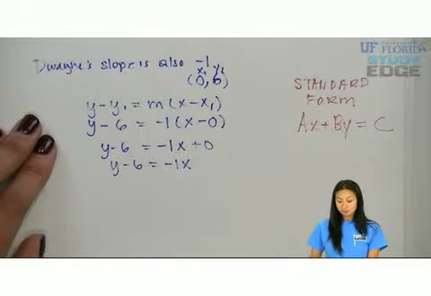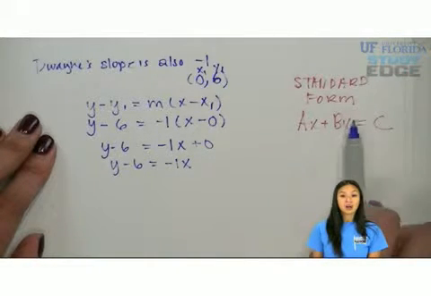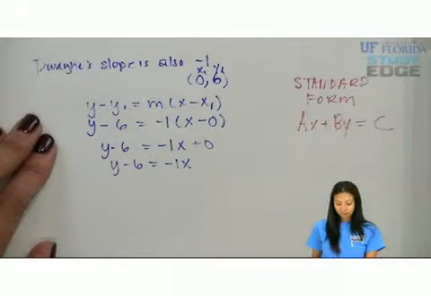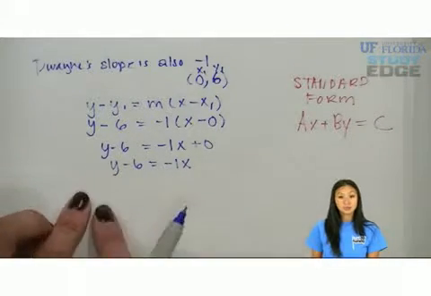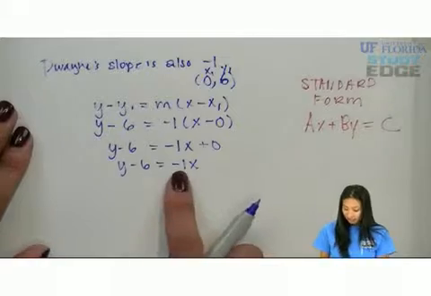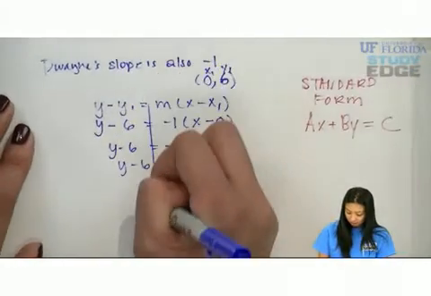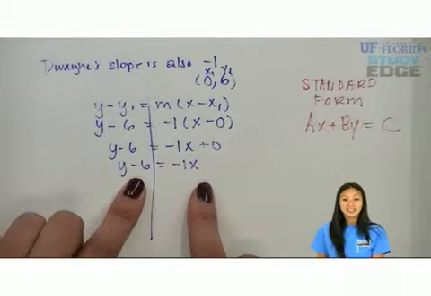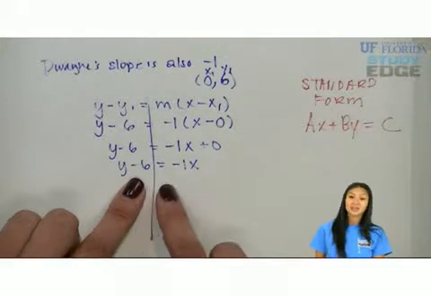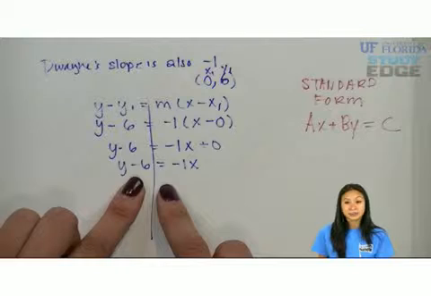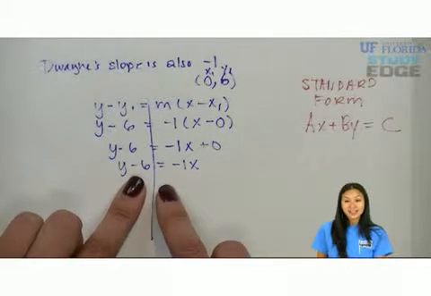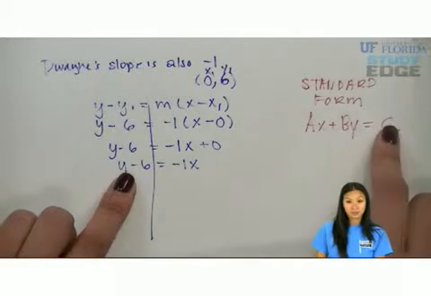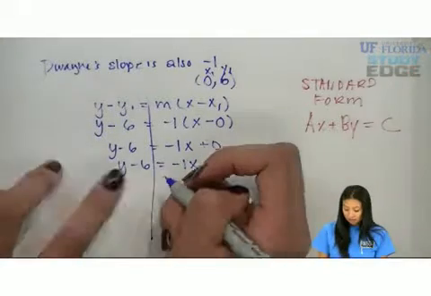It just means the x and the y are on one side of the equation, and c is on the other side. So let's do that. Let's get x and y on the same side. The constant, the number that has no letters next to it, is on the wrong side too. It's on the left. It should be on the right. So let's move it to the right.